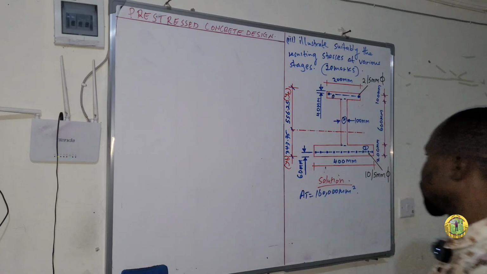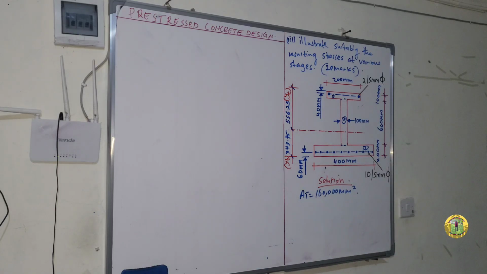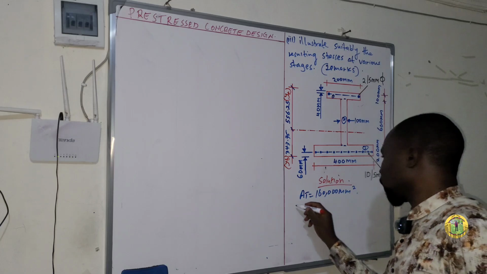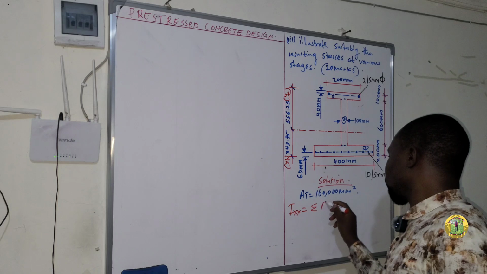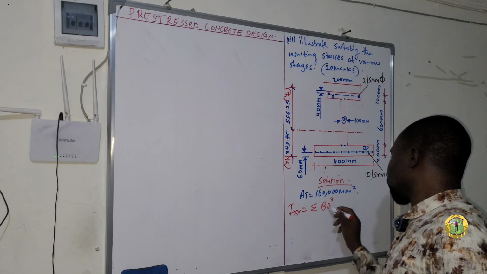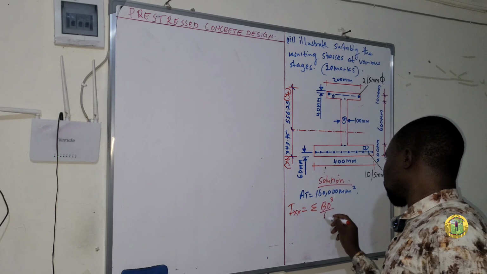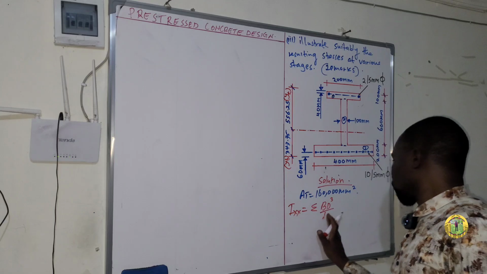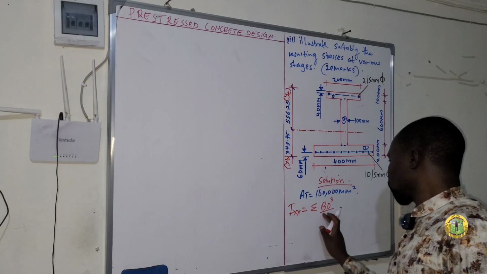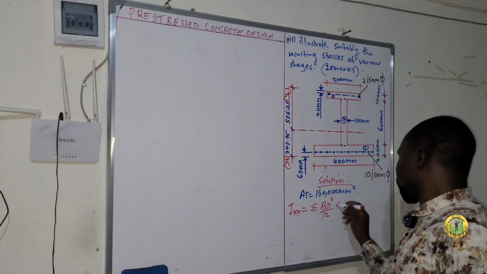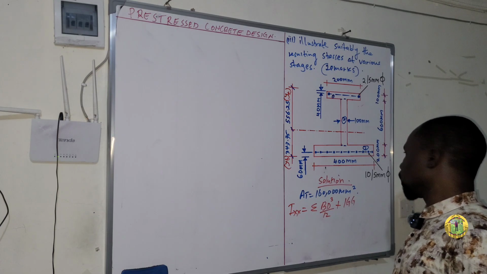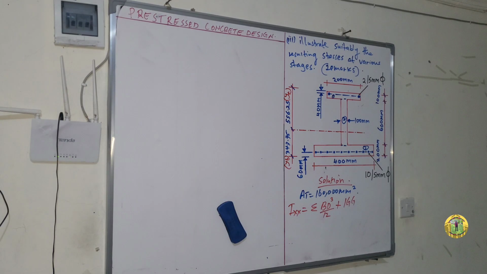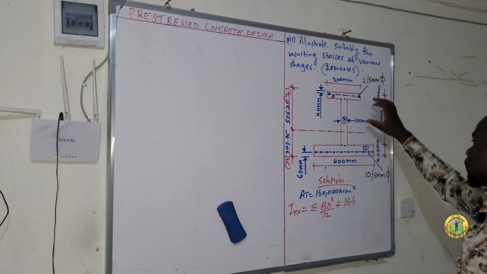Now to calculate the second moment of area, you will use this formula. So Ixx is equal to summation of BD cubed over 12 plus IgG. So I will start calculating the Ixx from the top of this section.